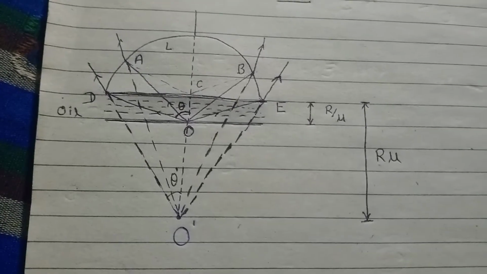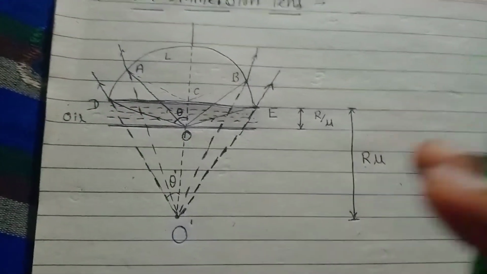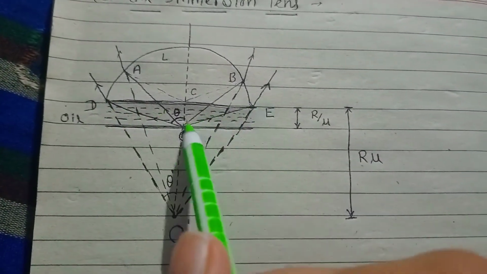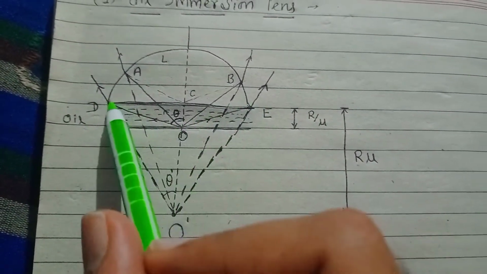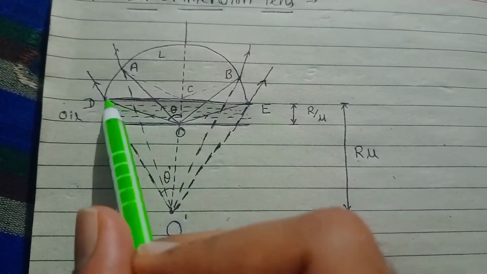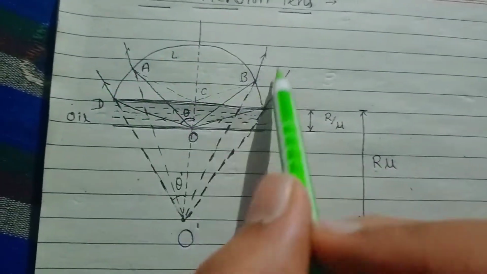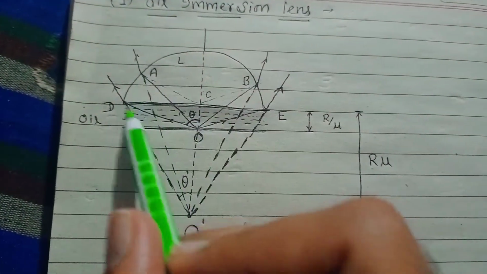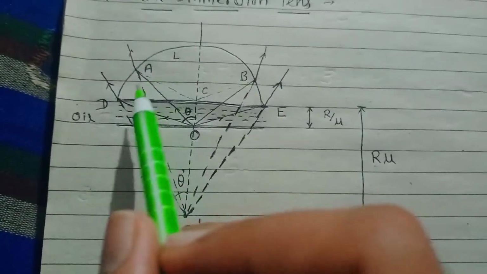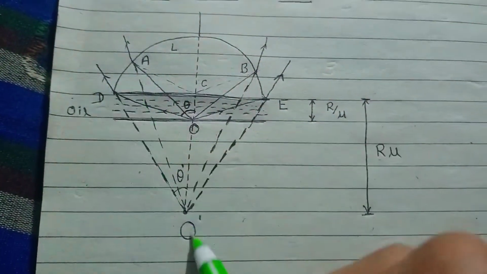One thing to notice is that there are two cones in this diagram. From point O we can see a cone. If we assume it as a sphere, OD and OE make a cone, and similarly with point O dash it makes a cone.